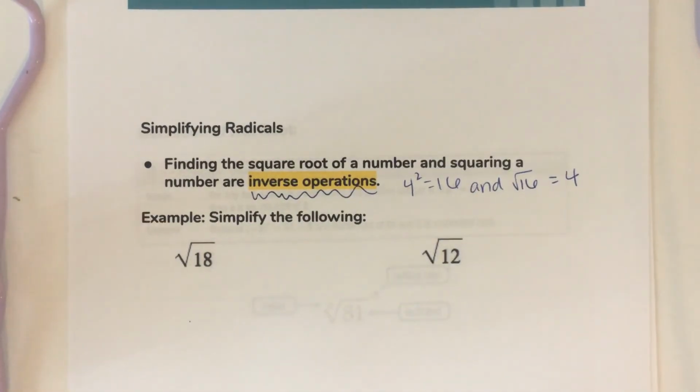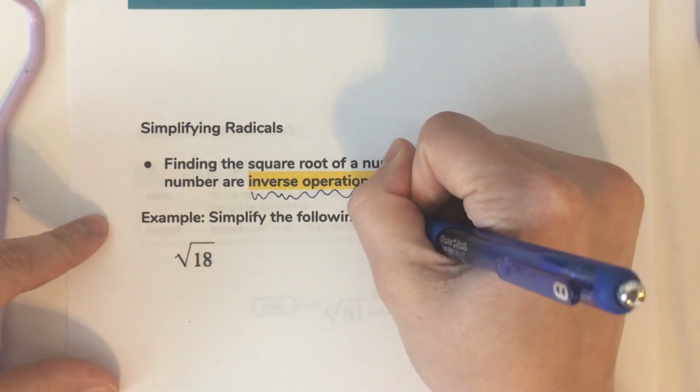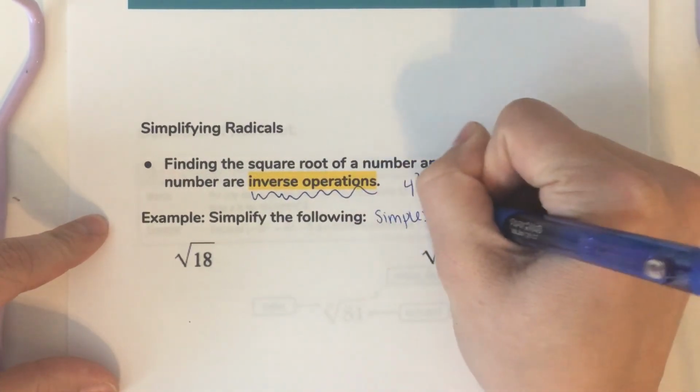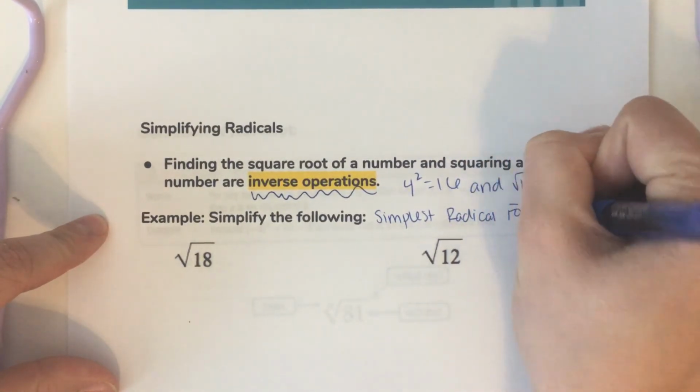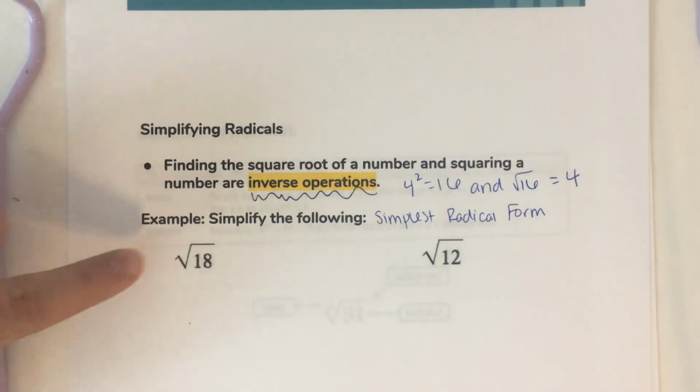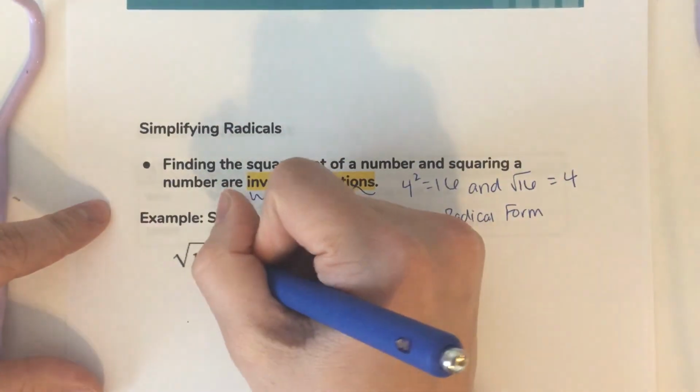So then to simplify the following, you might have heard me say, let's put these in simplest radical form. And this is where we talked about, okay, what's the biggest perfect square that goes into 18 evenly? Hopefully you would say, oh, 9 is a perfect square and it goes into 18 evenly.